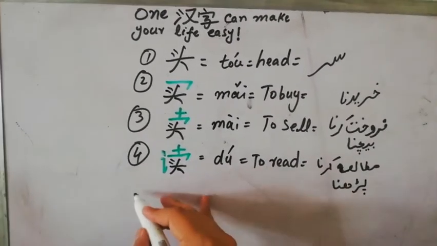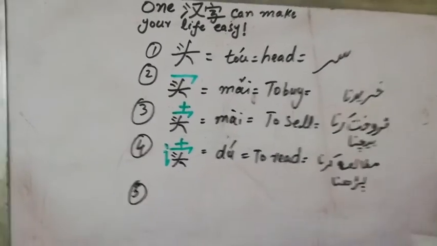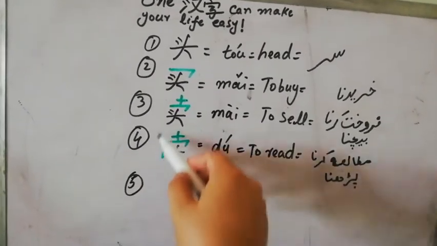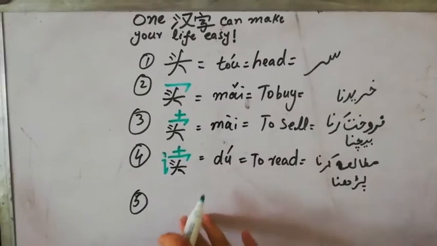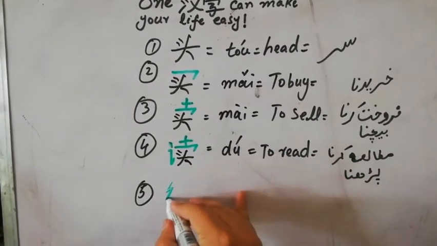characters. Now let's replace this radical with the radical for speech and see what the character becomes.